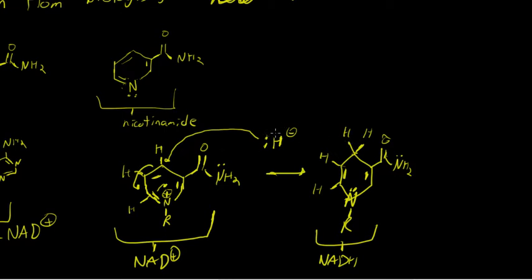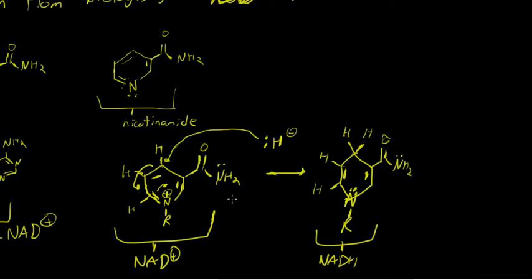And yes, it's a transfer of hydrogens, but also you're gaining electrons at this carbon here, and there's an overall gain in electrons. And you can see that by noting that this nitrogen has a formal charge of +1, and that goes away, and there's really no other charge here.